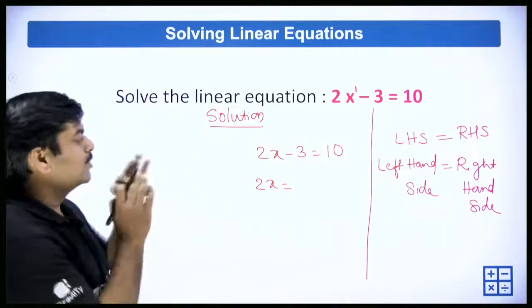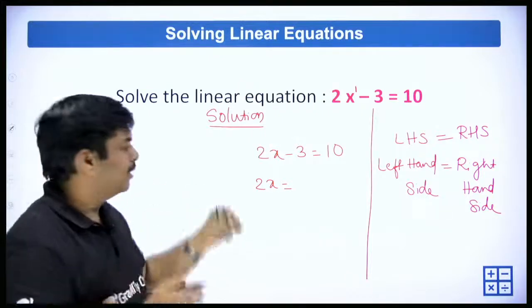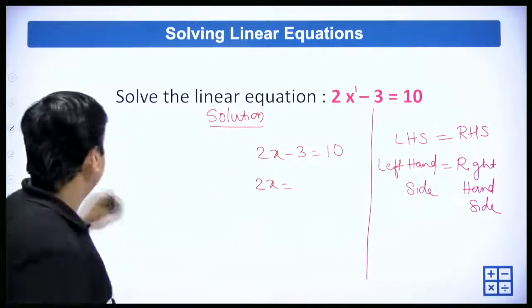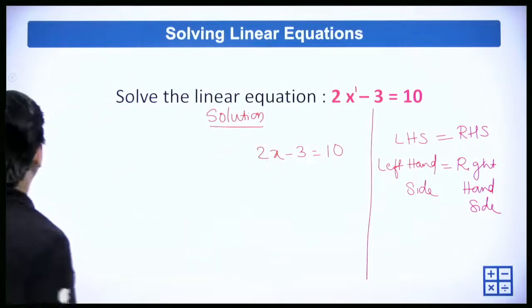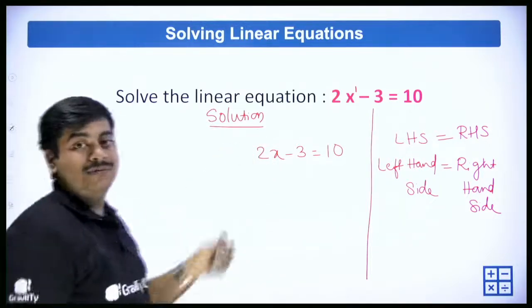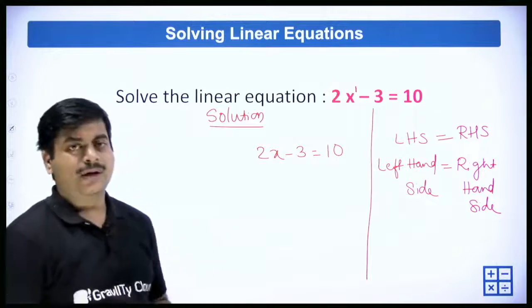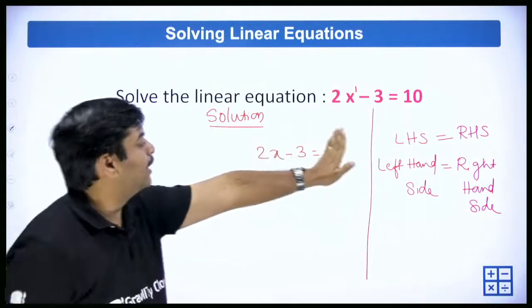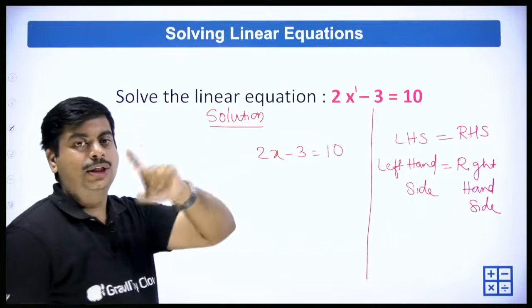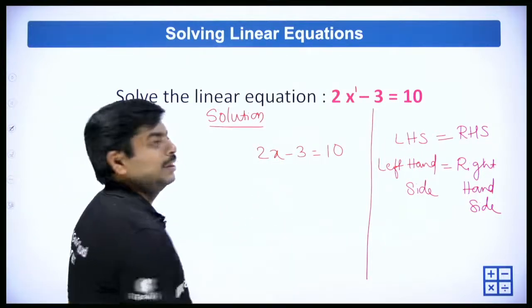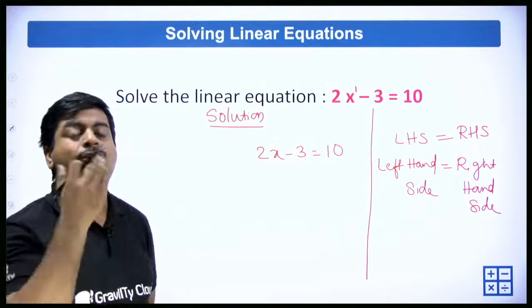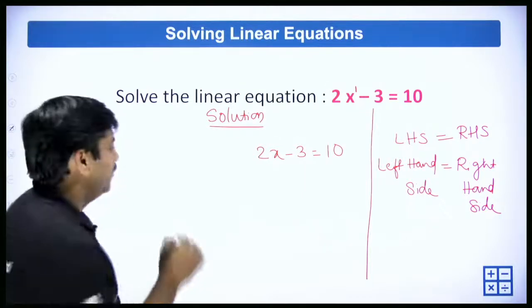Okay, now let us try to understand term by term, step by step, how to solve this equation. Carefully observe, we have minus 3, which we don't want because we just need x. First we'll eliminate this minus 3 and then we'll come and eliminate this number 2. To eliminate this minus 3, we will add plus 3 on both sides.